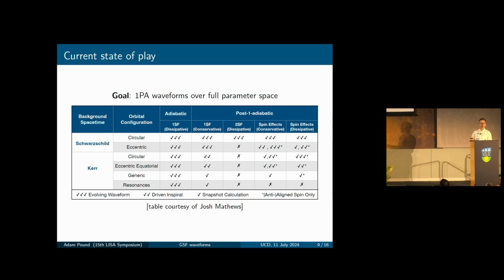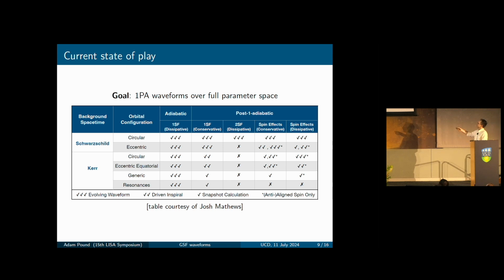Okay, so big picture, the goal for quite a long time in the self-force community and in the MRE modeling community has been to get 1 PA accuracy over the full parameter space. So I don't expect you to absorb all of this table. You can look this table up in the Waveform working group white paper that came out last November.